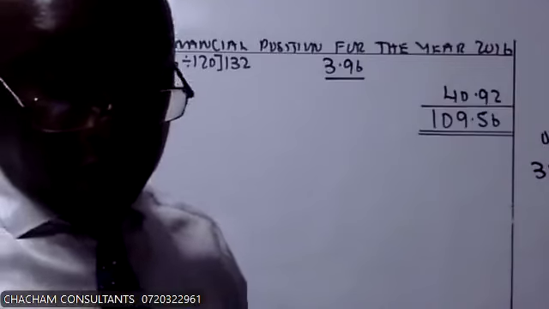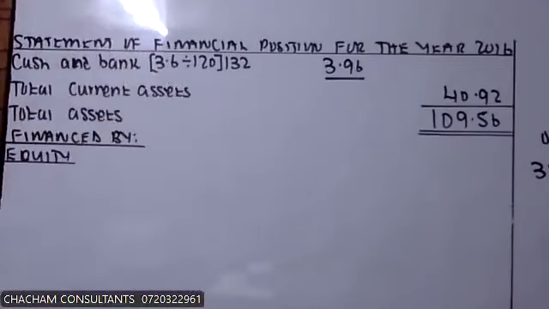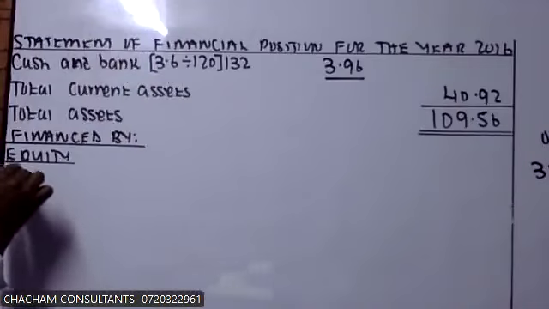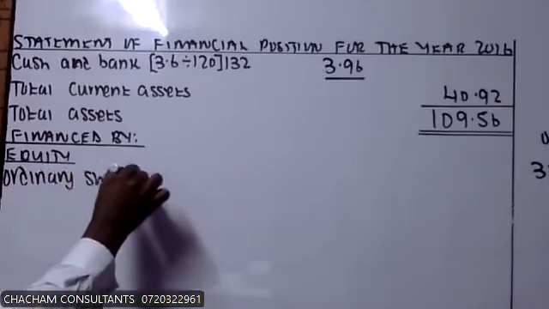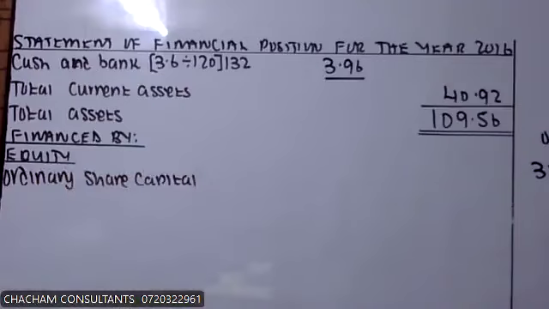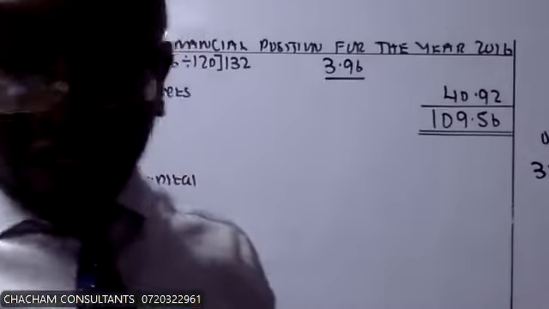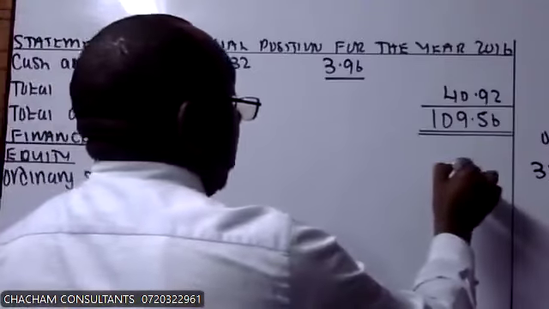Sijui kama wako na, yes, they have ordinary share capital. So ordinary share capital, that remains. Ordinary share capital, that does not change. So the ordinary share capital is 42 million. So we just put 42 here.